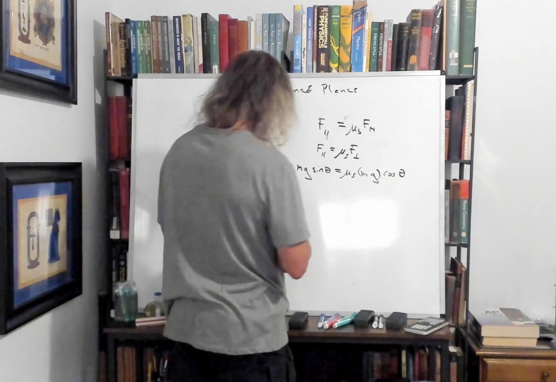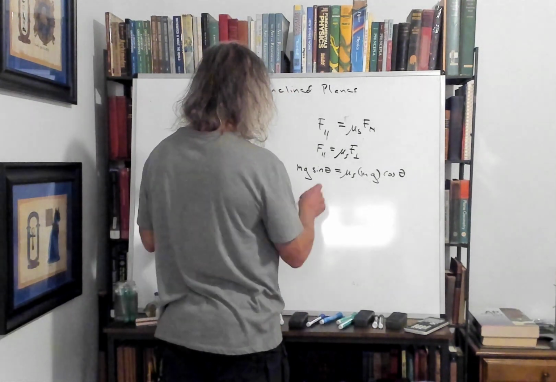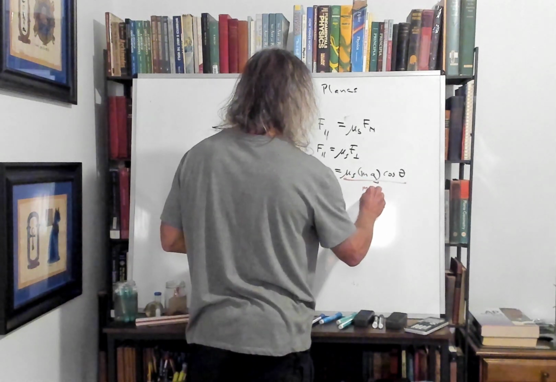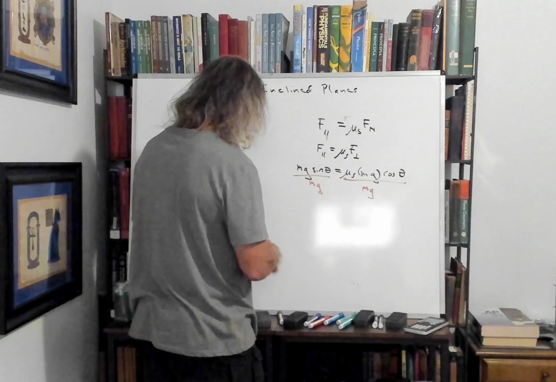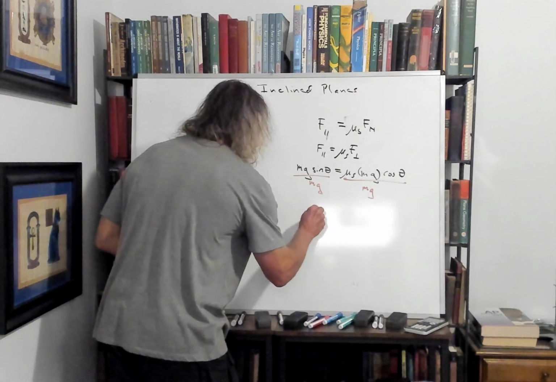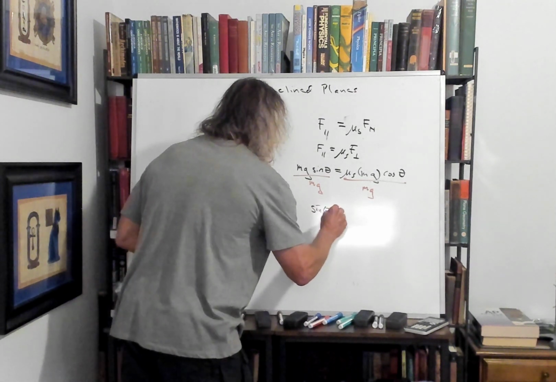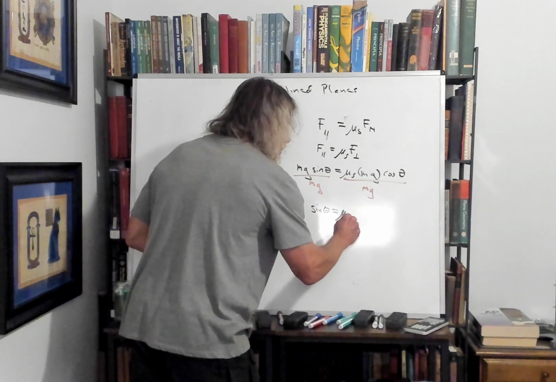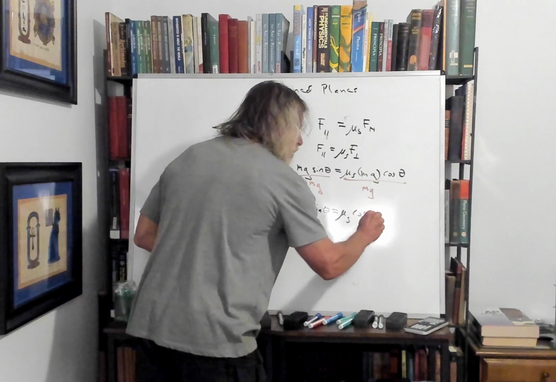Clearly, we can divide mg out. Then sine theta equals mu static cosine theta.